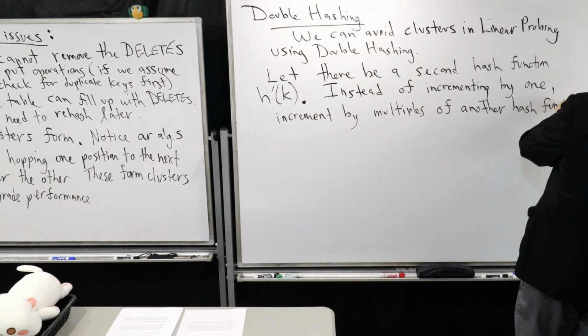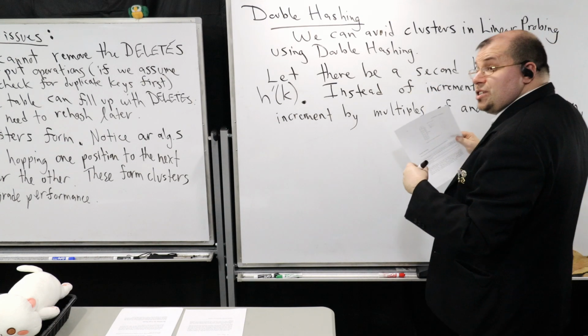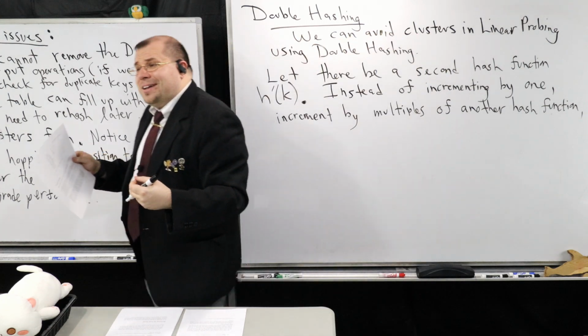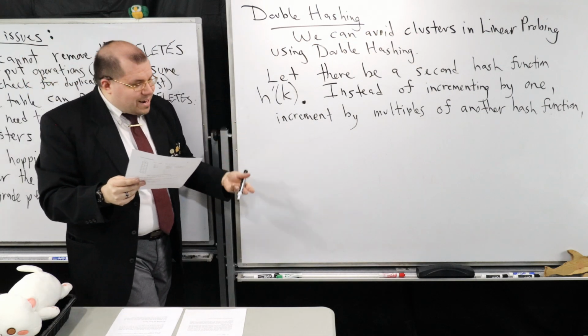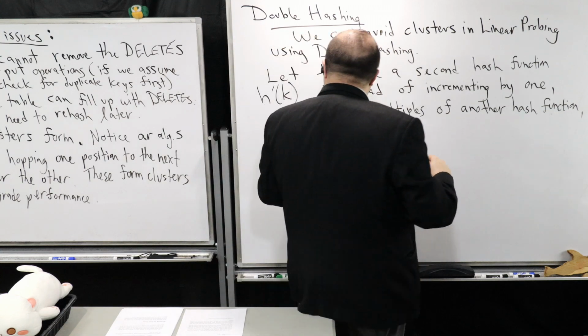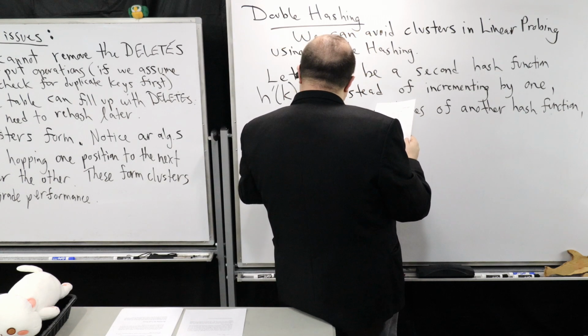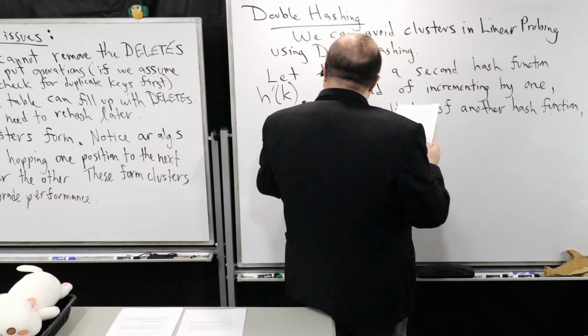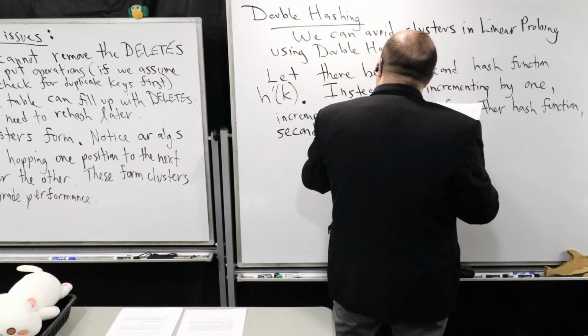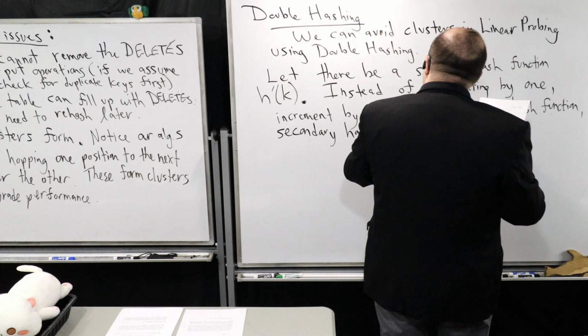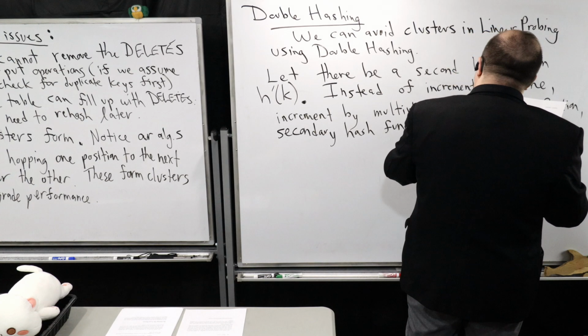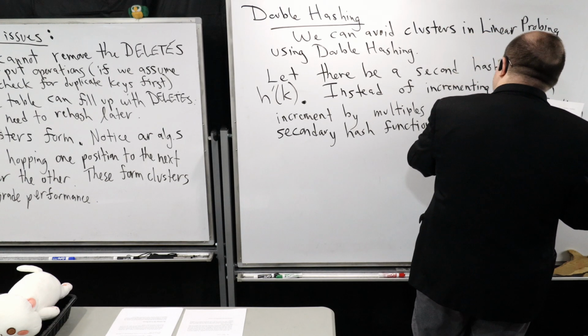This hash function often has a more technical name. Usually we refer to this as the secondary hash function, h prime of k. So that's what its name is.